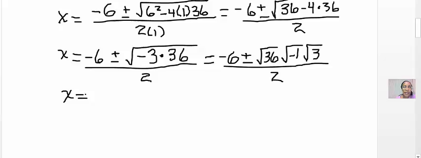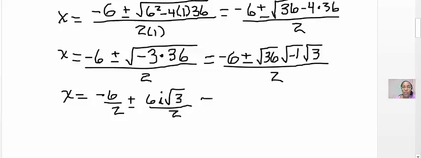The result is that x is negative 6 over 2 plus or minus 6i times the square root of 3 over 2, which is negative 3 plus or minus 3i times the square root of 3, since 6 divided by 2 is 3.